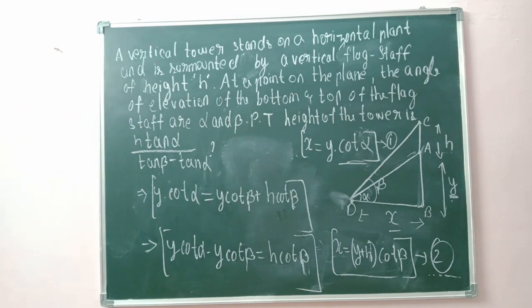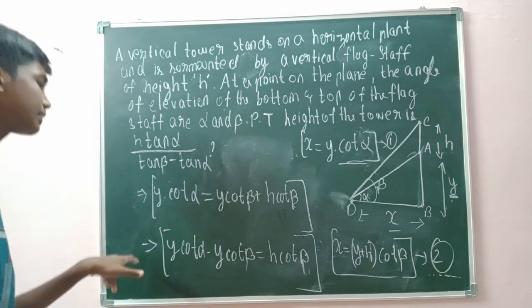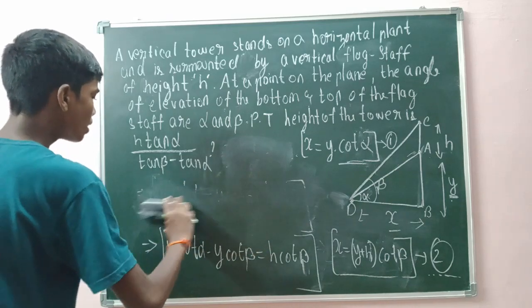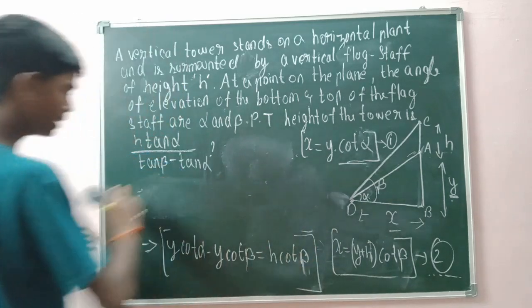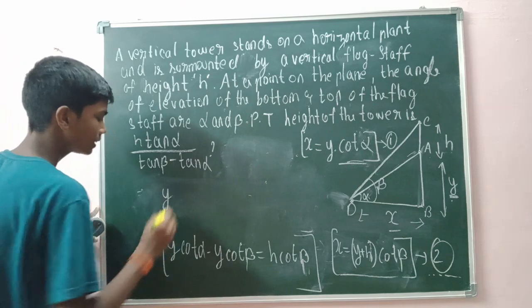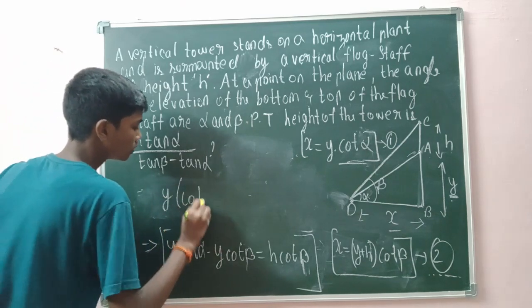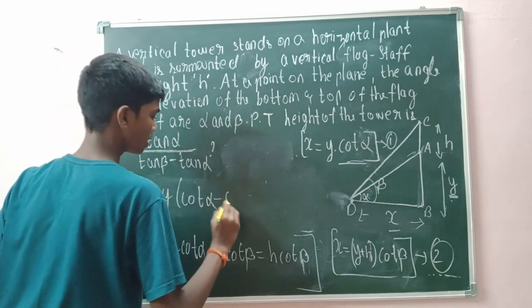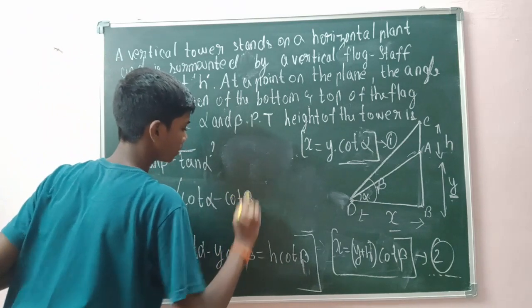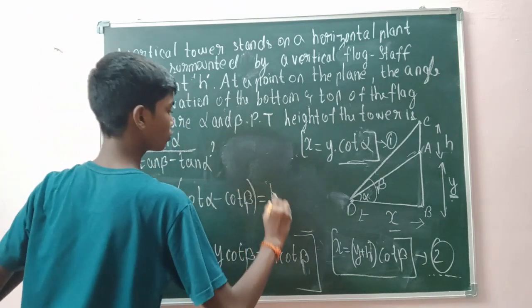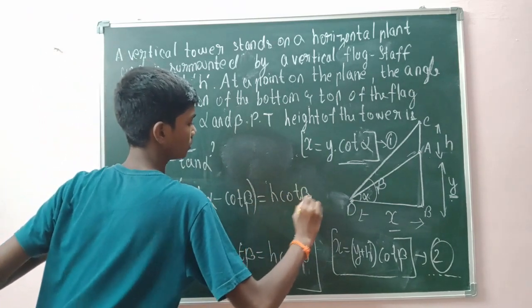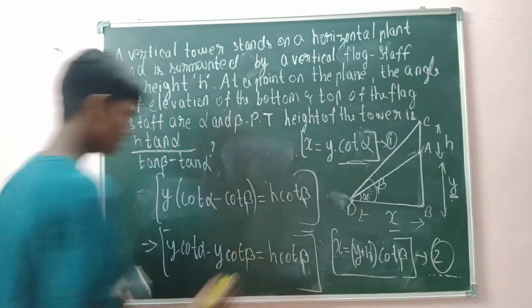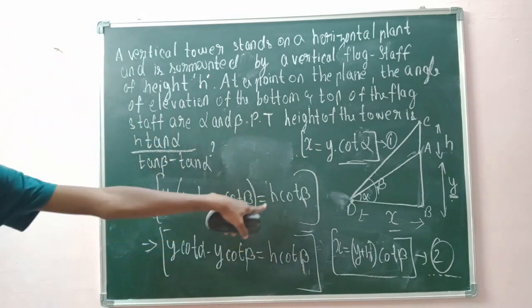Now take y common in the LHS, and we get y times (cot alpha minus cot beta) equal to h times cot beta.